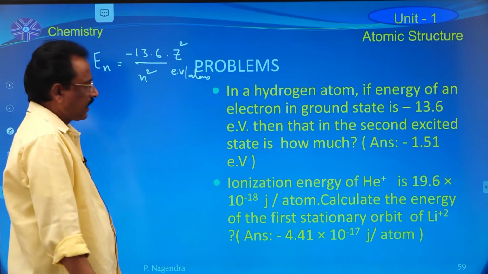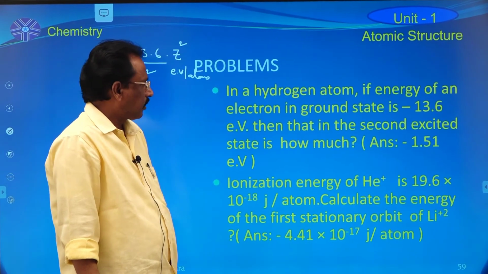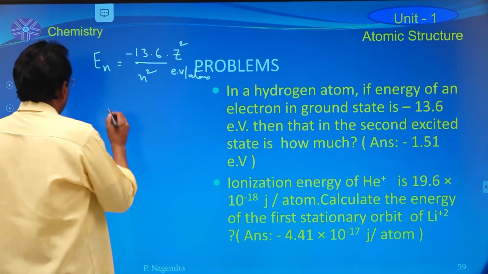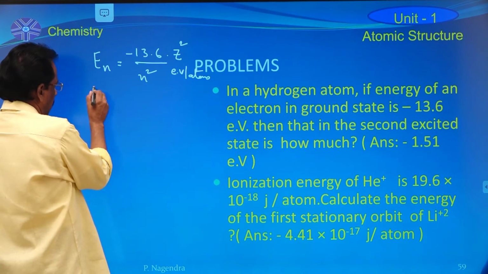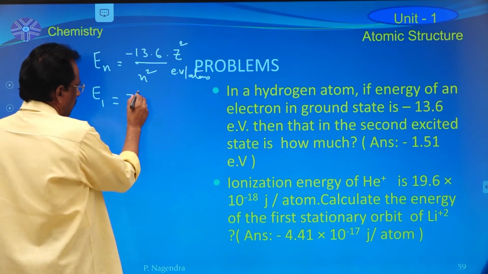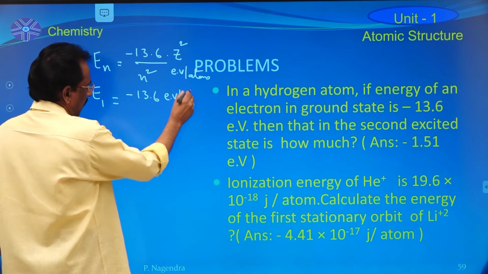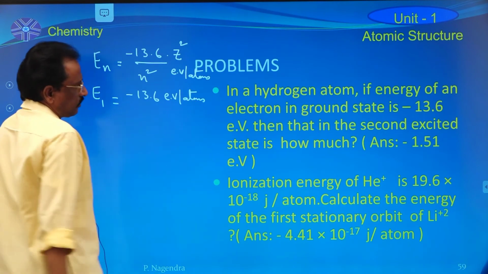The hydrogen atom contains only one electron, present in the ground state, therefore minus 13.6 electron volt per atom, as given in this problem.